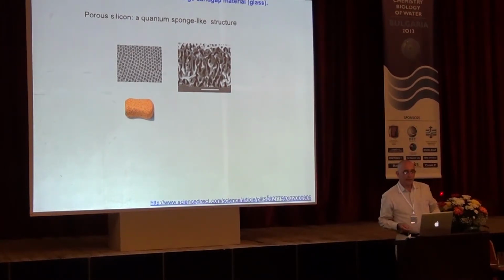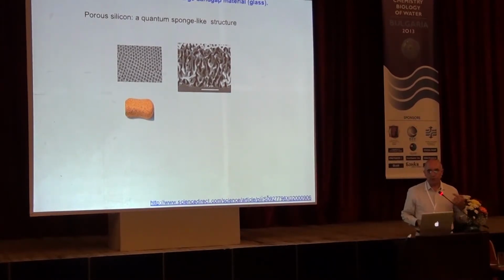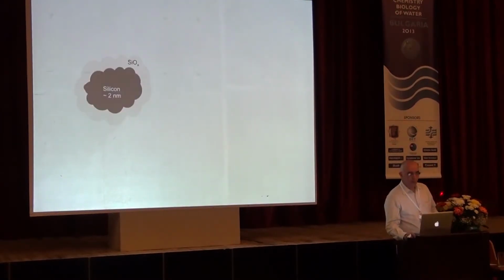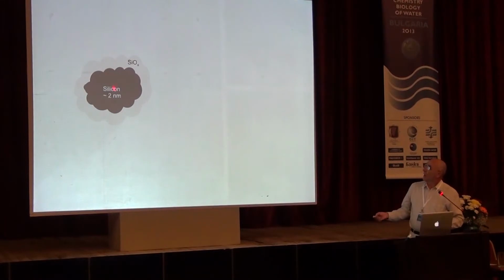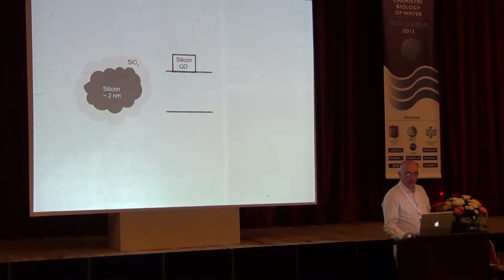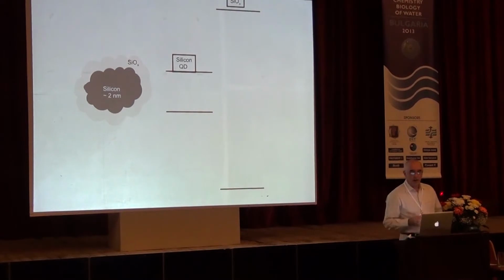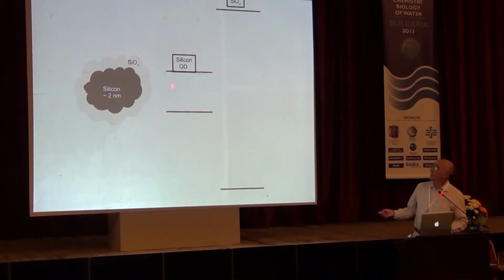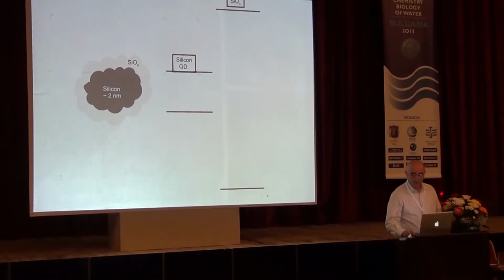Now, something that is called porous silicon. It's like a sponge system, and it is built like this: silicon inside, 2 nanometers, and silicon outside, which is not SiO2. It's a very bad quality silicon oxide. I represent here the quantum dots, the silicon, and the silicon oxide, and the band gap.